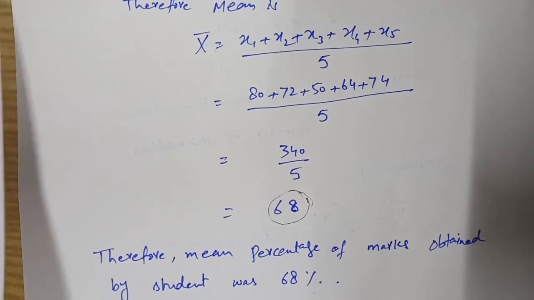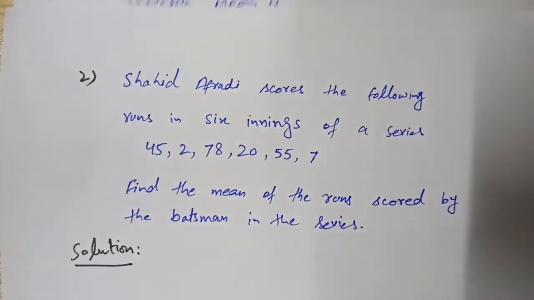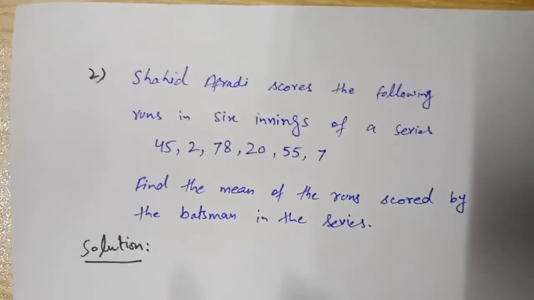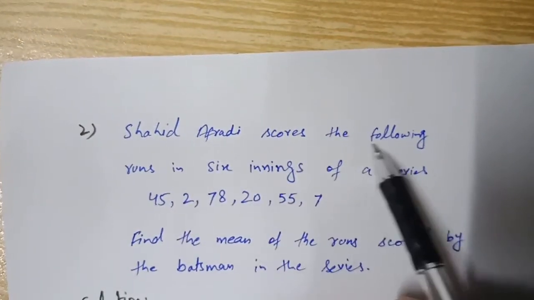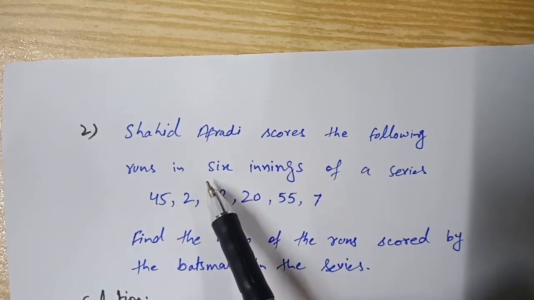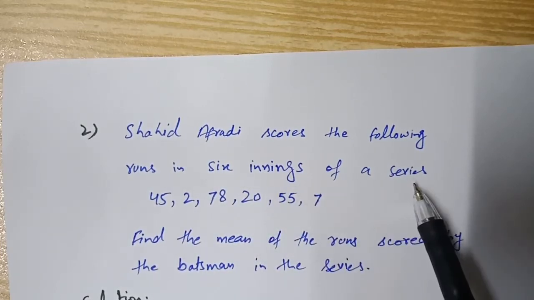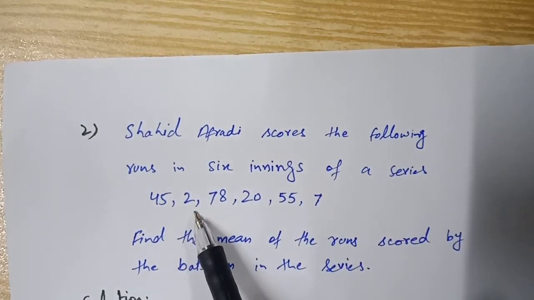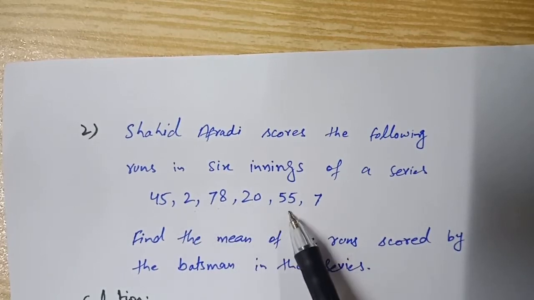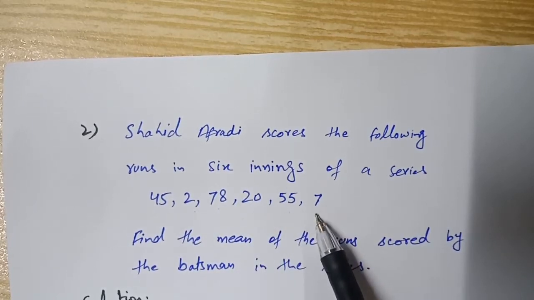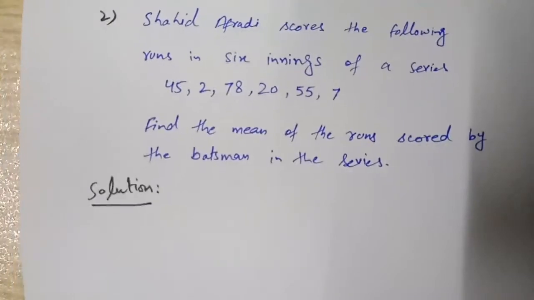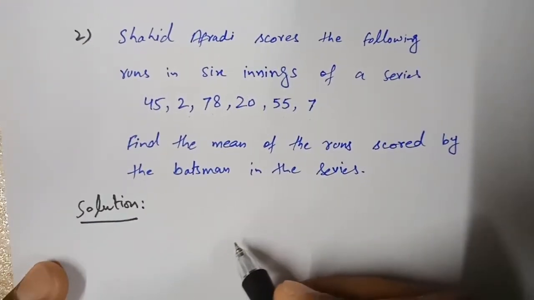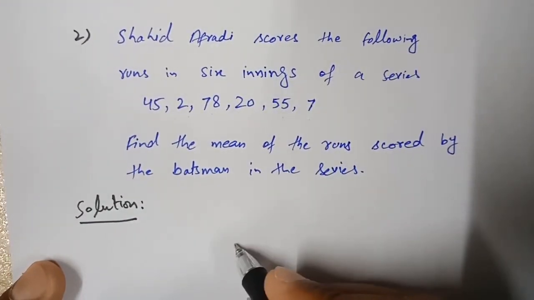Now we will solve another example. Here is the statement of the example. Shahid Afridi scored the following runs in 6 innings of a series: 45, 2, 78, 20, 55 and 7. Find the mean of the runs scored by the batsman in the series. We will solve it by first writing the formula of the mean.